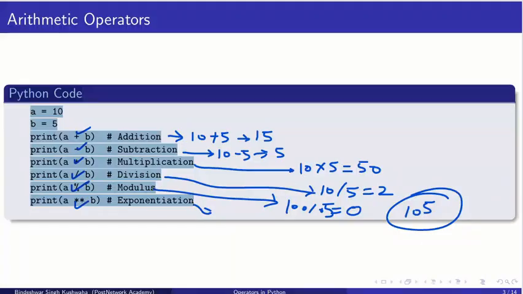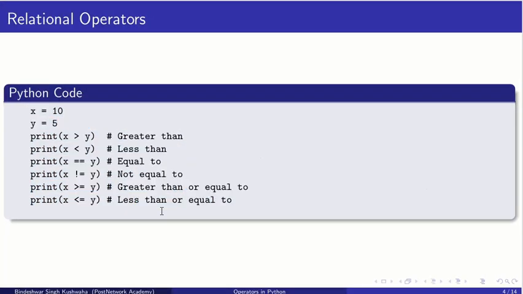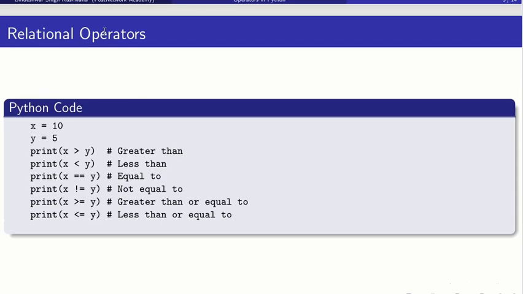Let us see another operator, that is relational operators. Here you will see the value of x is 10 and y is 5. What would be the output here? We will check whether x is greater than y. Because this is a correct statement, the output would be true.